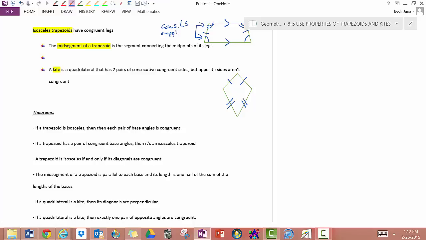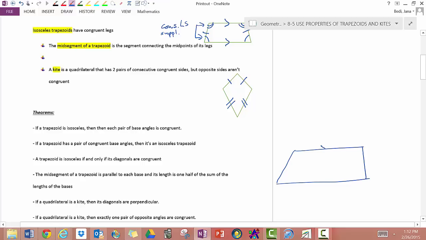Let's just talk about the mid segment of a trapezoid. So if I have, let me sketch it over here, a trapezoid, this is its midpoint, this is a midpoint, then that means it's dividing the sides into congruent halves.